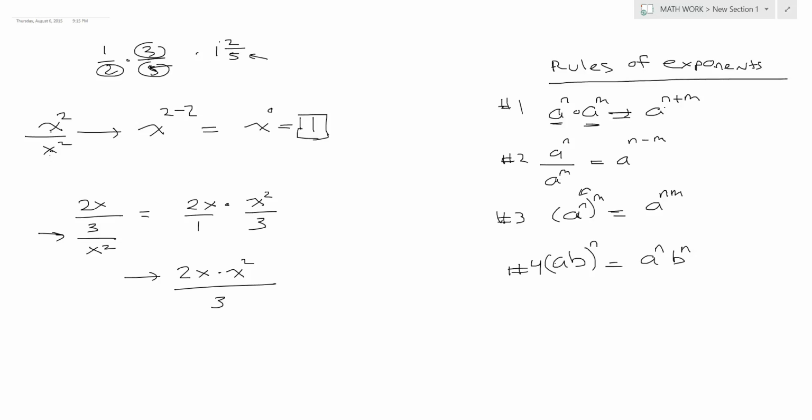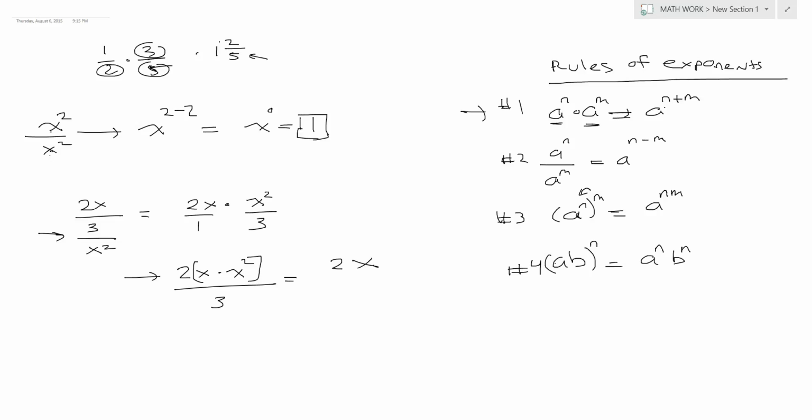This is not bad. It's the x and x squared that starts to become a little bit more difficult. Well, according to rule number 1, if we multiply anything with the same base raised to an exponent, just add the exponents. Let's do that.